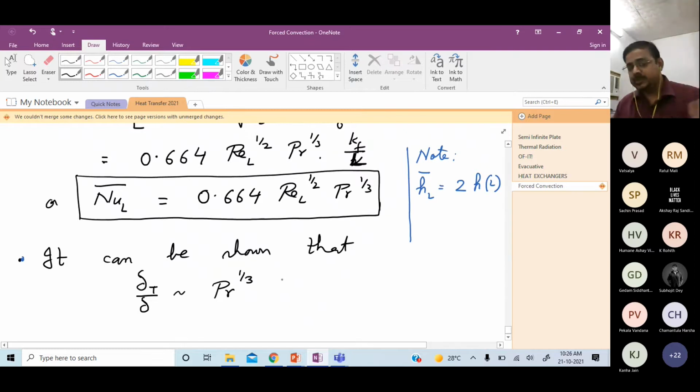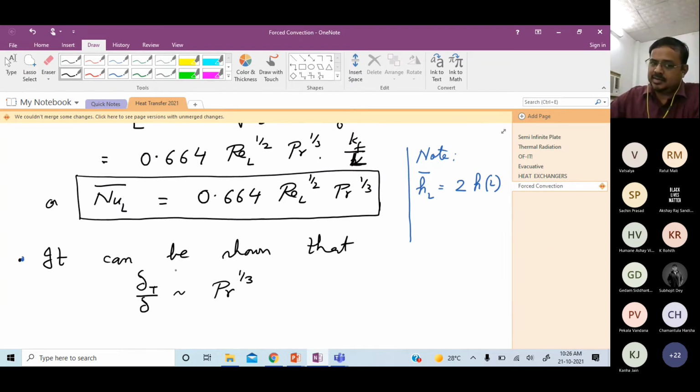We knew it would scale as Prandtl to the power something because delta T is the thermal boundary layer and delta is the momentum or velocity boundary layer.